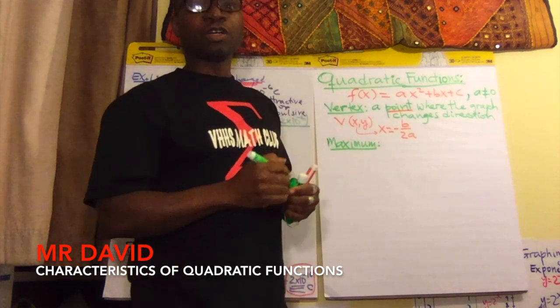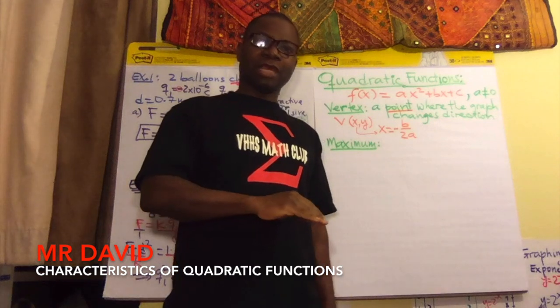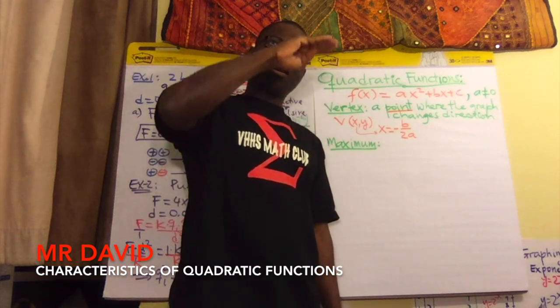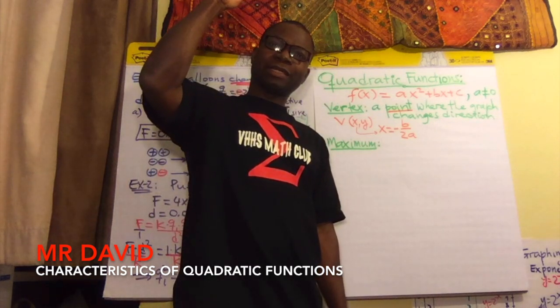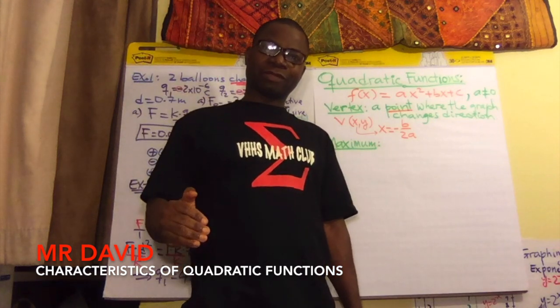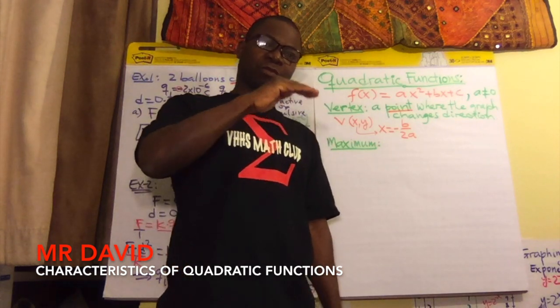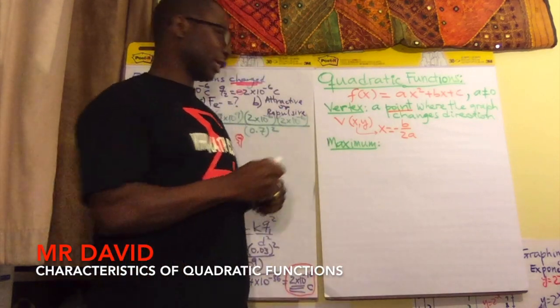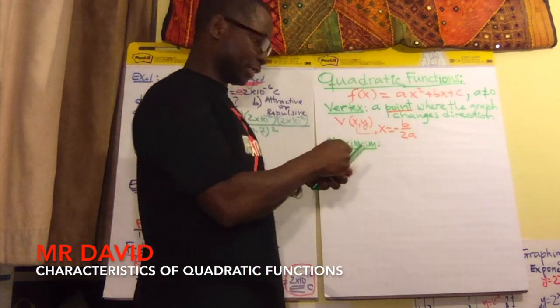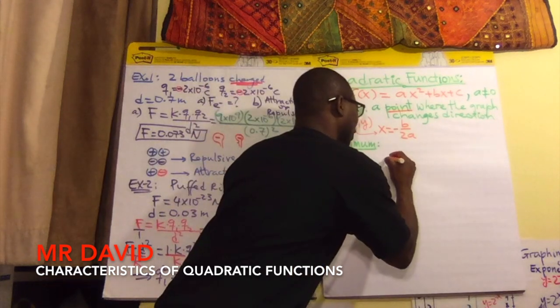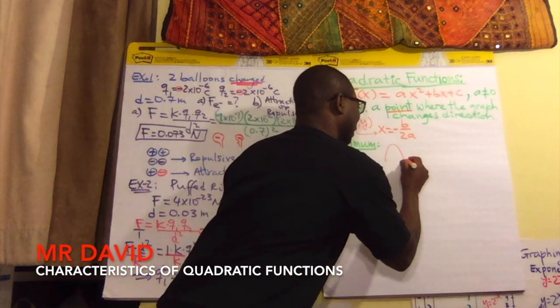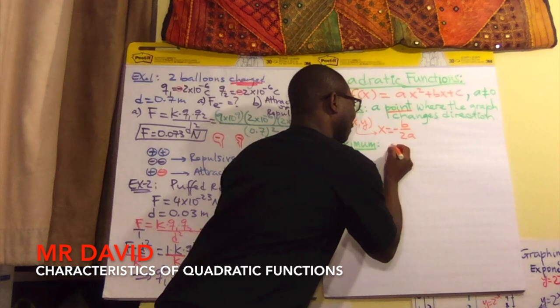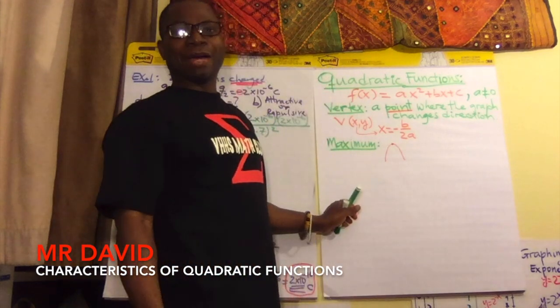A function has a maximum if it goes from the bottom all the way to the highest point, then it comes down. That's when we see a maximum. It looks something like a sad face. It's going up, going up, then it comes back down. So right here, that will be the maximum.